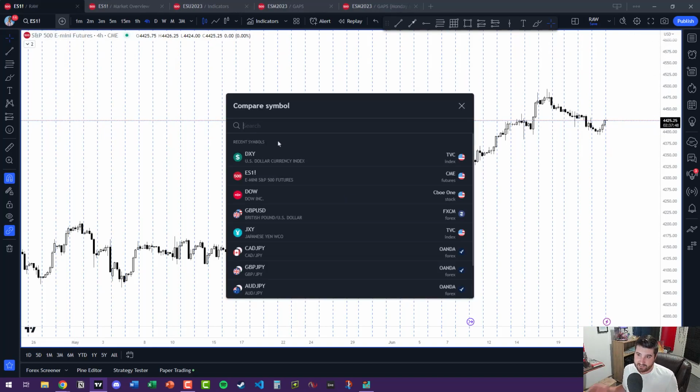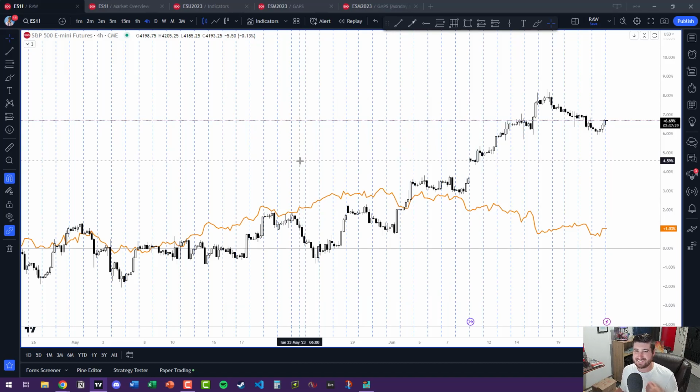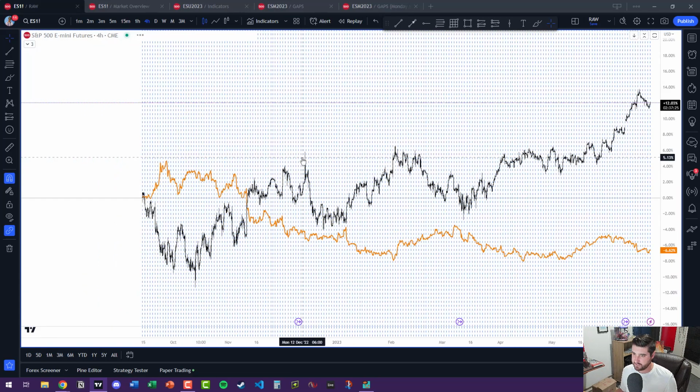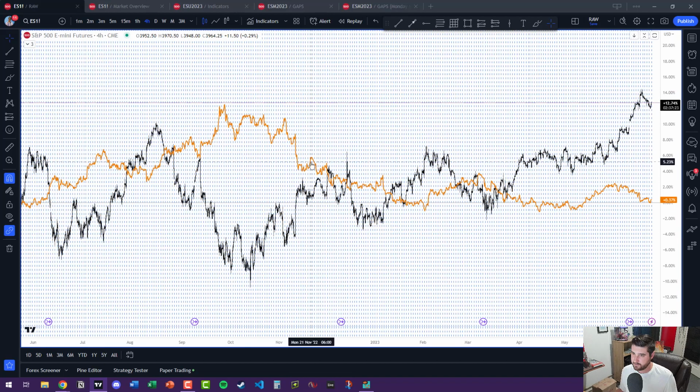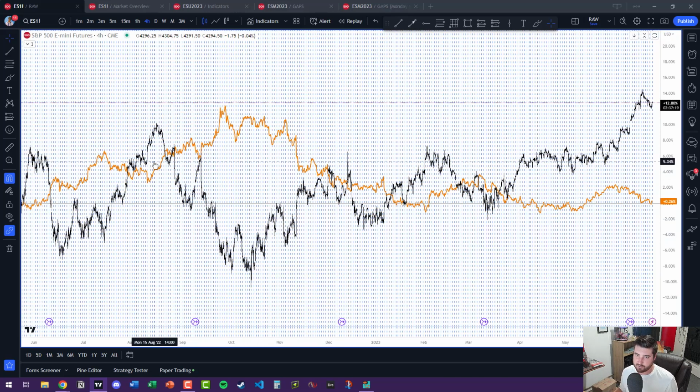But what I want to show you is that there's still kind of a pair, although it's not an actual pair you're trading. If we add in the DXY, which is the US dollar currency index, you can see that typically, and it's not always 100%, I'm going to zoom all the way out. Right there, you can get the point.